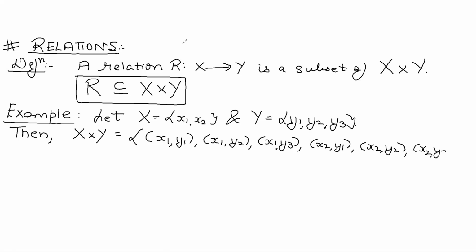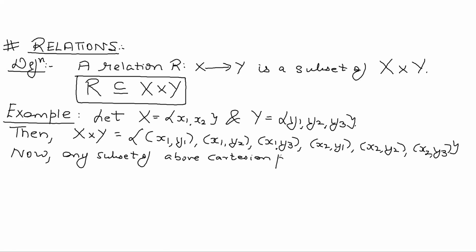Okay, this is my Cartesian product, right? Now any subset of the above Cartesian product x cross y will constitute a relation.